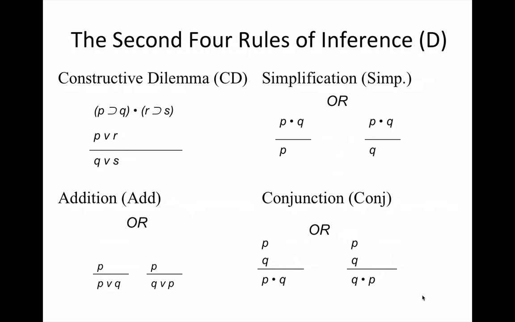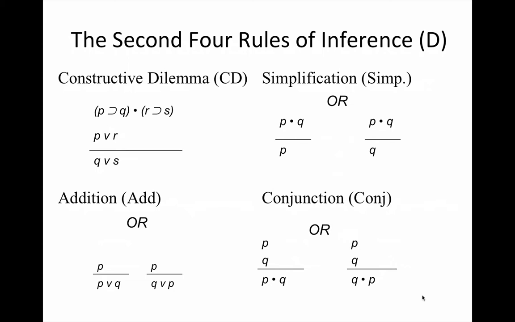Addition proceeds in the following way. When we have some statement P, it follows that we have P or Q. When we have some statement P, it follows that we have Q or P. In other words, this rule follows from the truth definition of a disjunction. In order for a disjunction to be true, you need at least one of the disjuncts to be true.